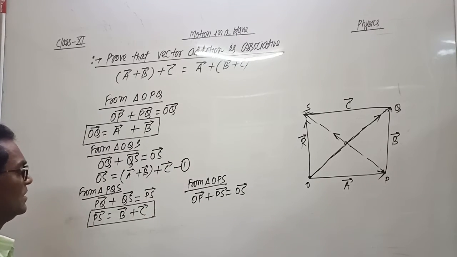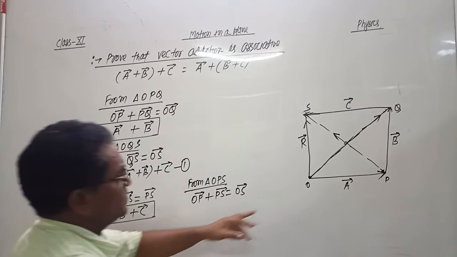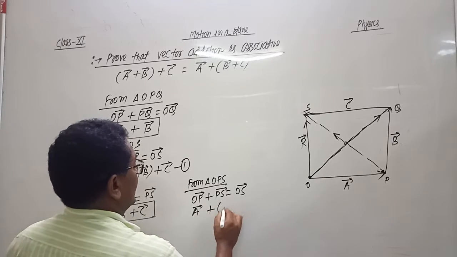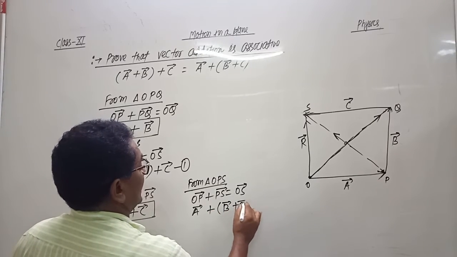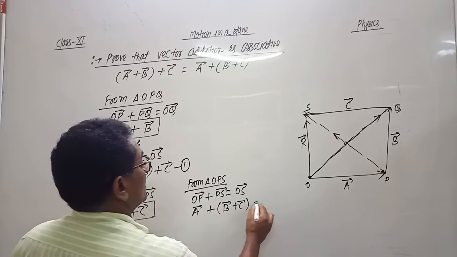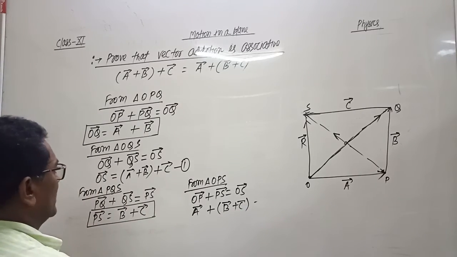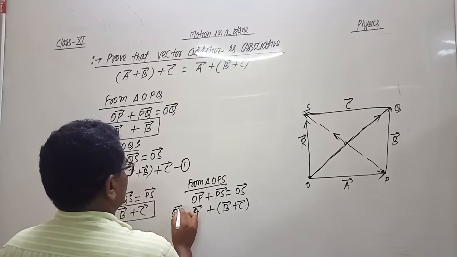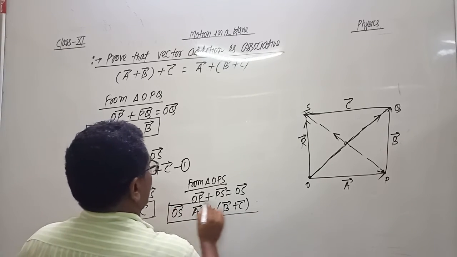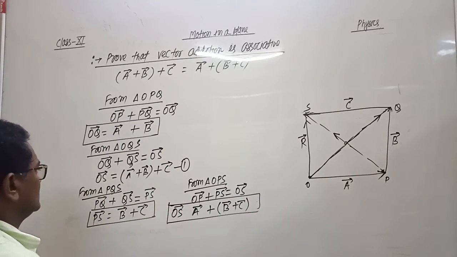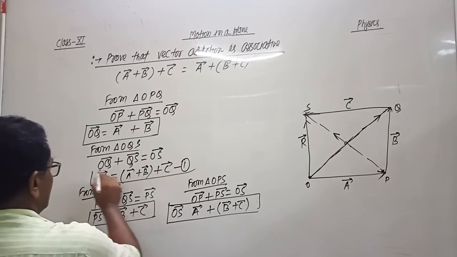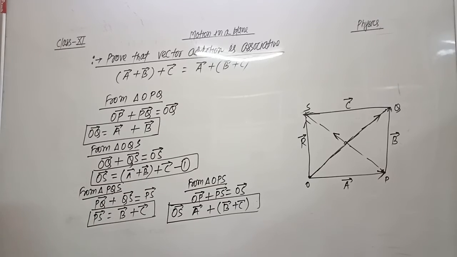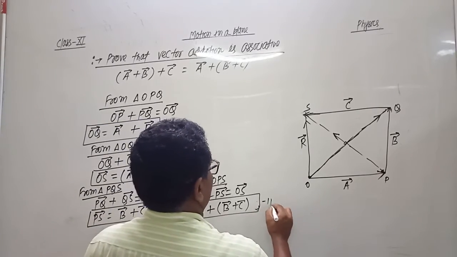The value of vector OP is vector A, and PS we have calculated as vector B plus vector C. This equals vector OS. So vector OS equals vector A plus B plus C, and this was our first equation. OS equals A plus (B plus C), and this is our second equation.